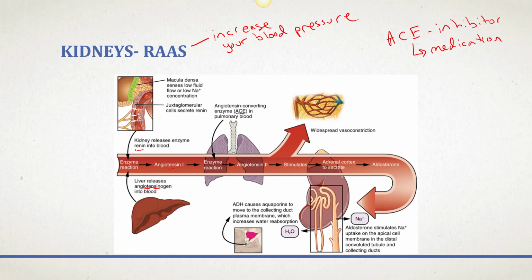So that's going to increase your blood volume, which increases your blood pressure. We talked a little bit about aldosterone previously, but here we've got the renin-angiotensin-aldosterone system. Now, an ACE inhibitor is a medication that's prescribed to people with high blood pressure.